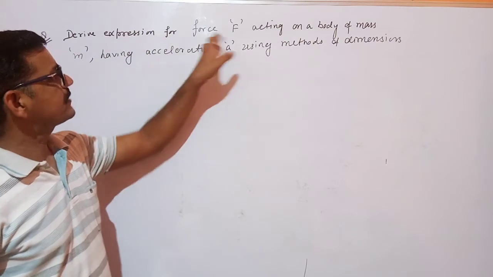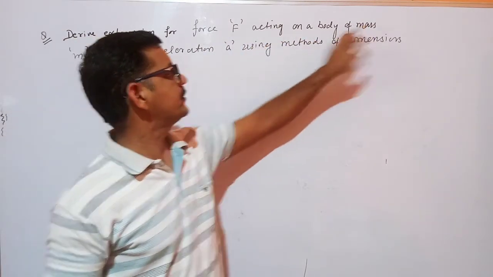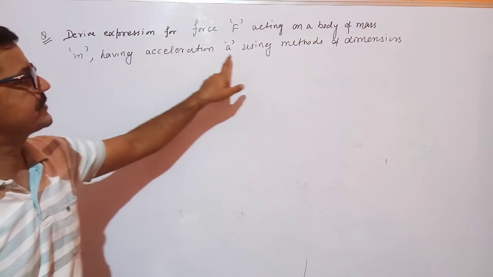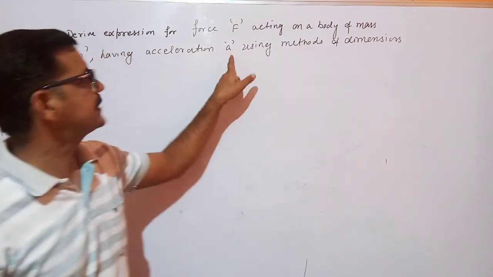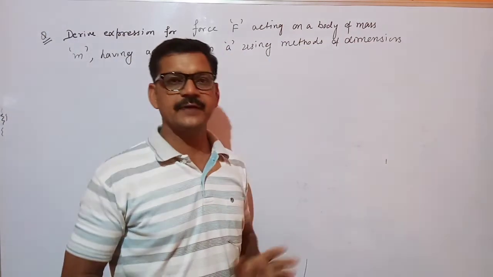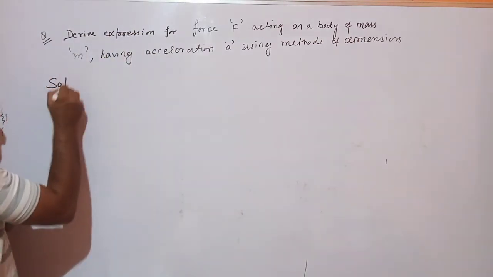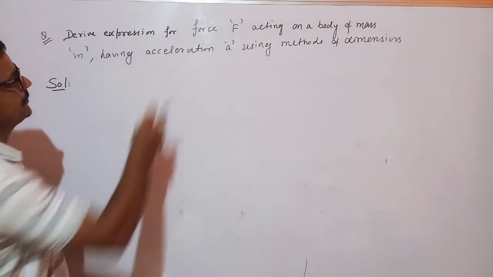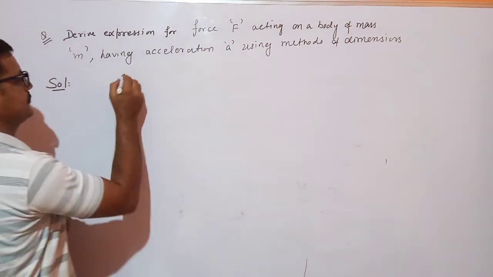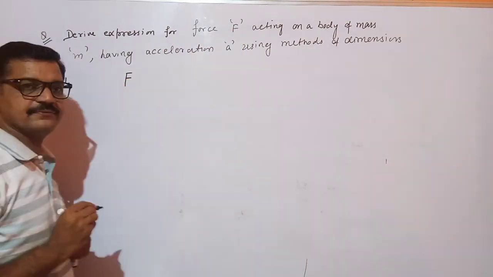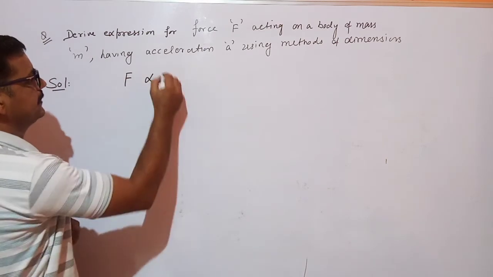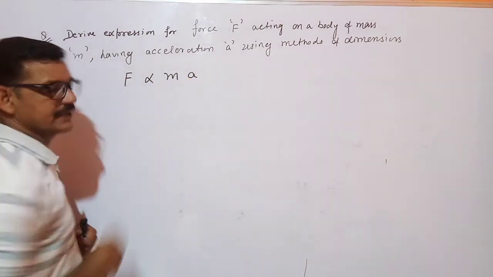Find an expression for force F acting on a body of mass m having acceleration a using the method of dimensions. So let us solve it. Now you have to find the formula of force. So first of all write force, that is F, and force depending upon mass and acceleration.